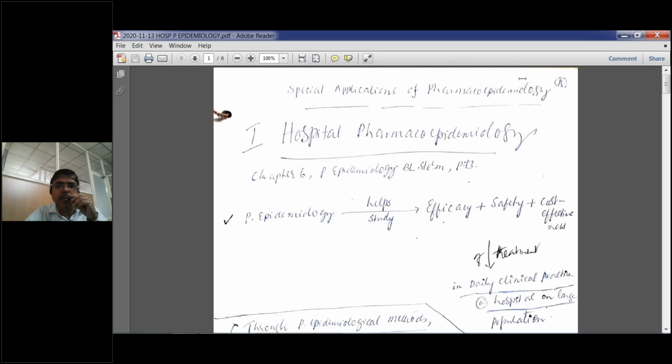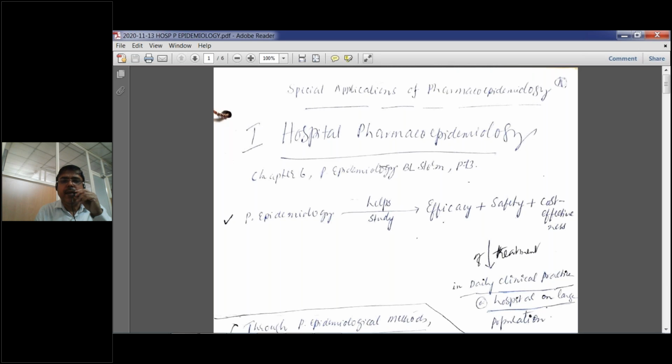We are very clear about the pharmacoepidemiology definition, and the same definition applies here also, but in the hospital. So to put it in a simplified and clear manner, this is what it is all about. So let us understand hospital pharmacoepidemiology, what it is.